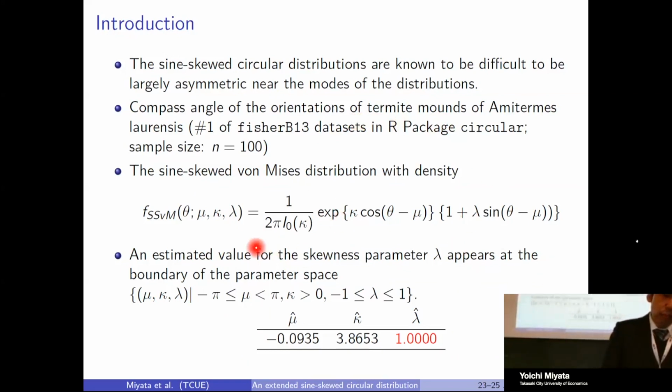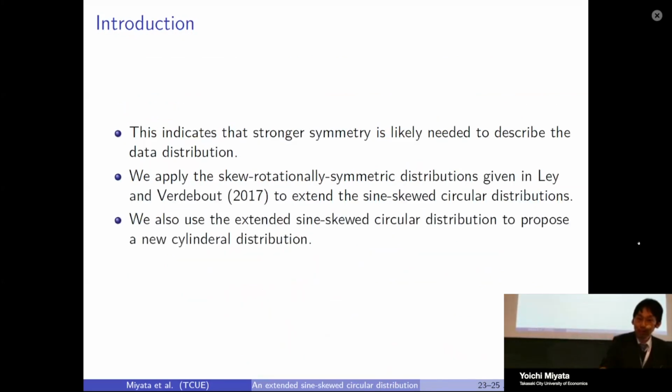An estimated value for the skewness parameter lambda appears at the boundary of the parameter space, because lambda hat has a value 1. This indicates that a stronger asymmetry is likely needed to describe the data distribution.